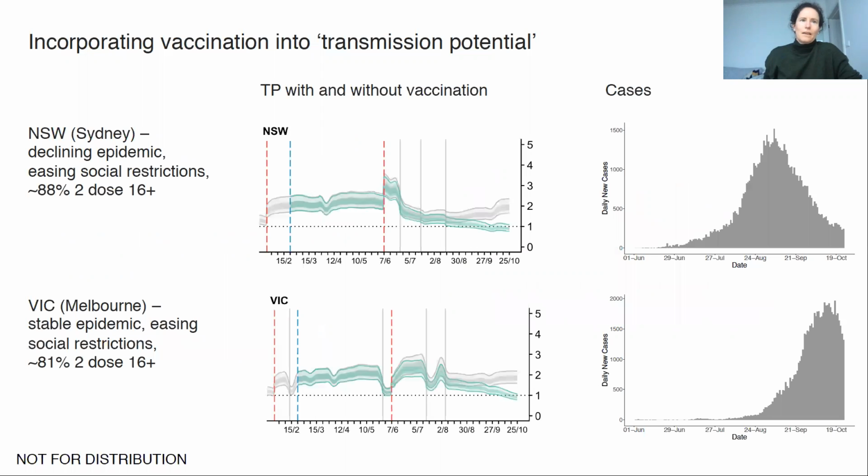And then I'm just showing how we've been reporting both transmission potential with and without vaccination to our decision makers on a weekly basis. So these plots here in the middle, the transmission potential with vaccination is shown in the green line.